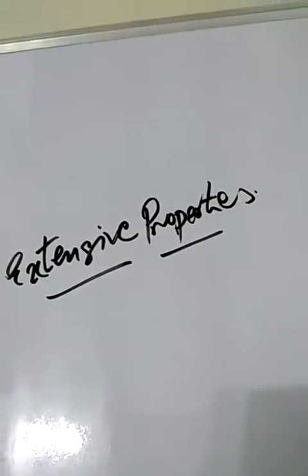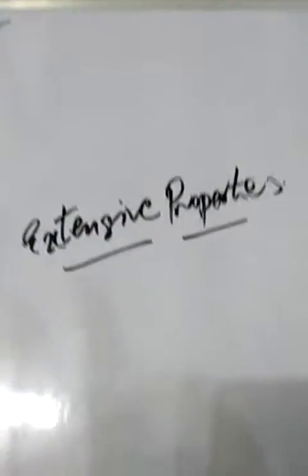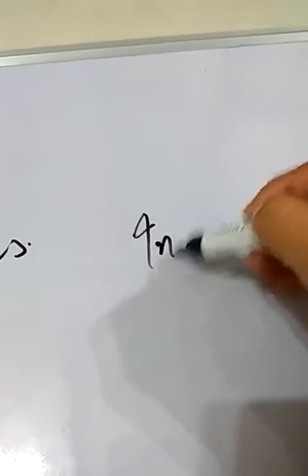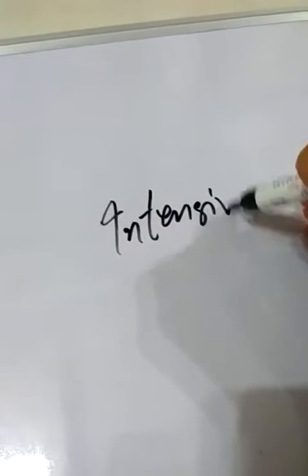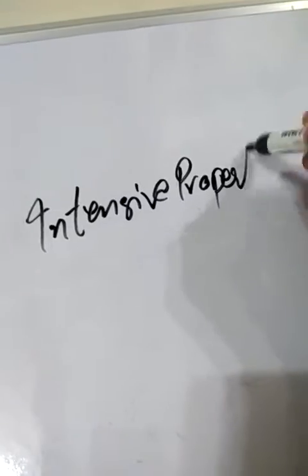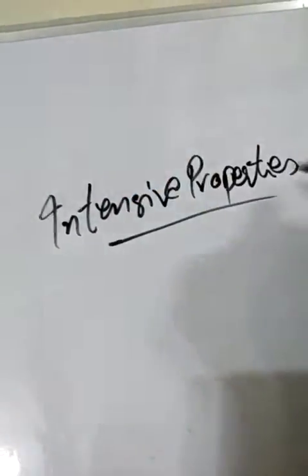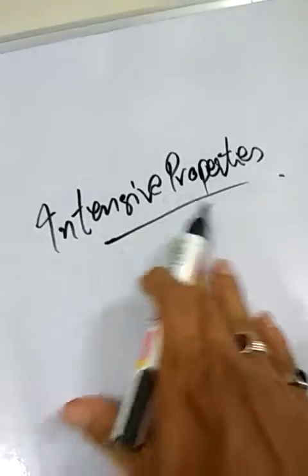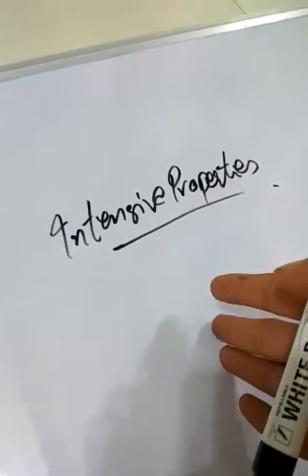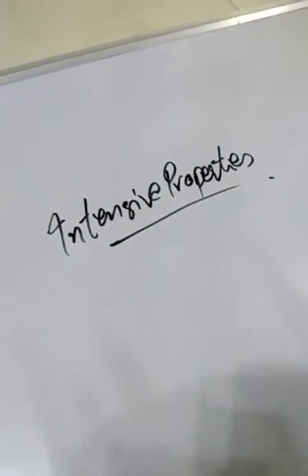These are the properties which depend on the amount of substance present, and the other is the intensive properties. The ones which we are going to write below, the intensive properties, do not depend on the amount of the substance present.